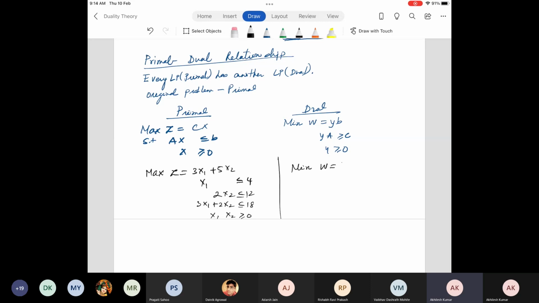Minimize W equals 4y1 plus 12y2 plus 18y3, y1 plus 3y3 is greater than or equal to 3, 2y2 plus 2y3 is greater than or equal to 5, and y1, y2, y3 greater than or equal to 0. See if it matches the matrix representation I have shown you above or not.